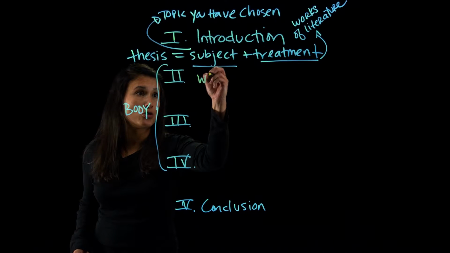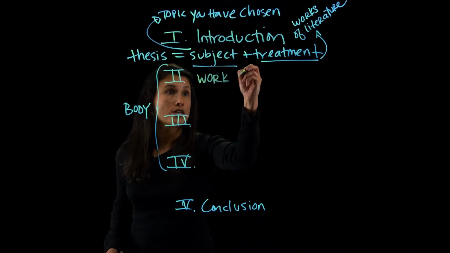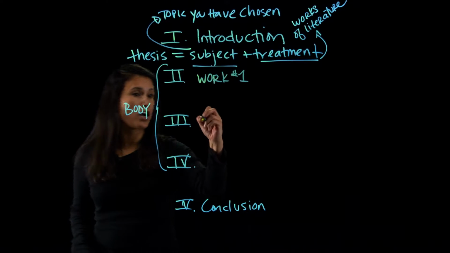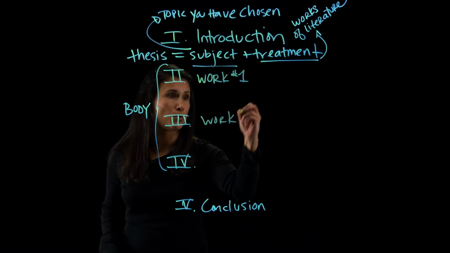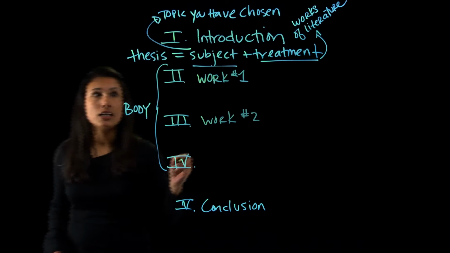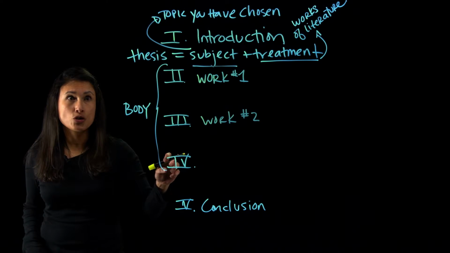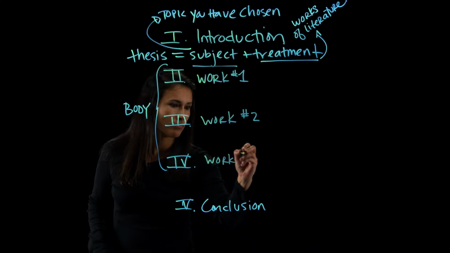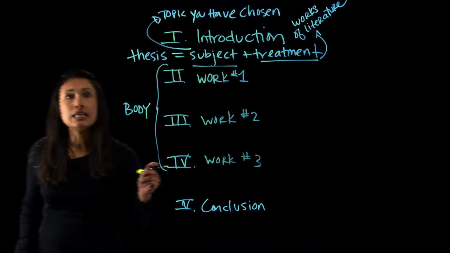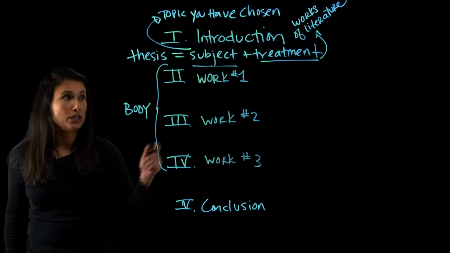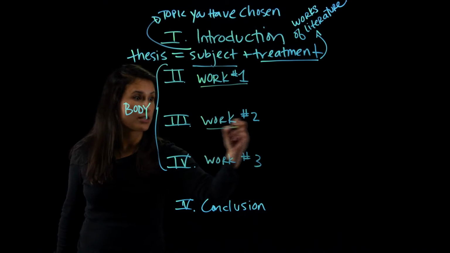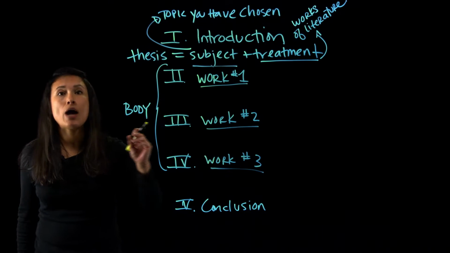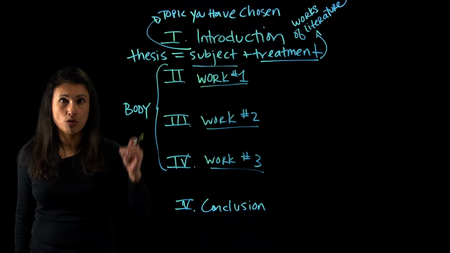In paragraph 2, you're going to talk about work number 1. In paragraph 3, you will talk about work number 2. In paragraph 4, you will talk about work number 3. In each paragraph, you will lead with the literature, title and author, and you will talk about how the topic relates to the piece.